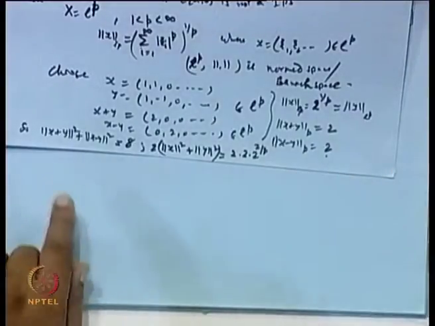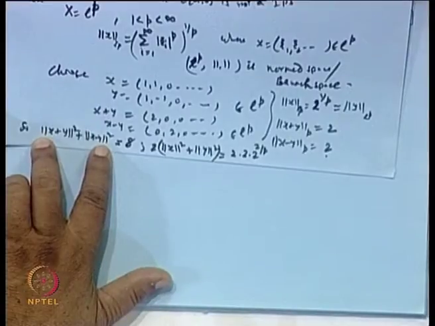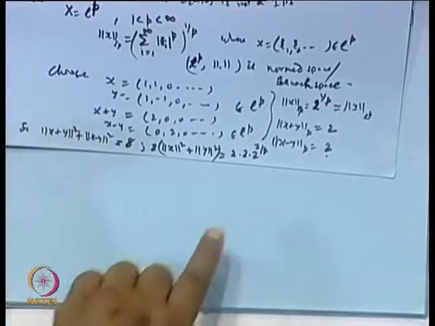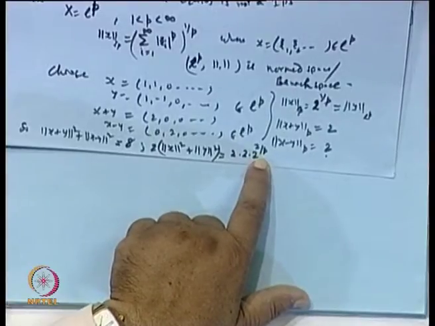Clear? Now, if I want this parallelogram law or equality to hold, this is only possible when p is equal to 2. Otherwise, when p is different from 2, it will not be satisfied.